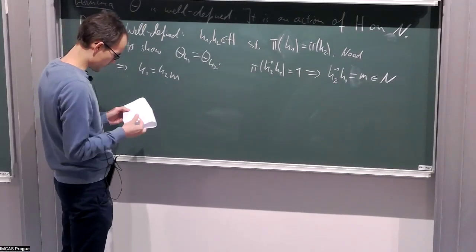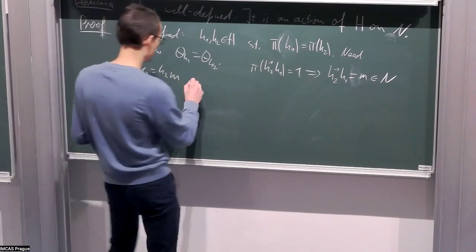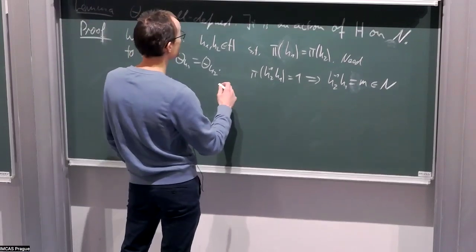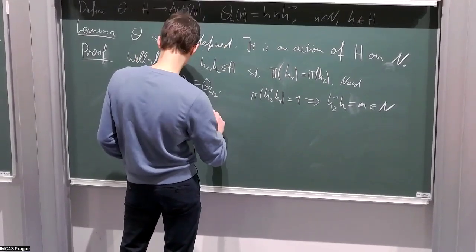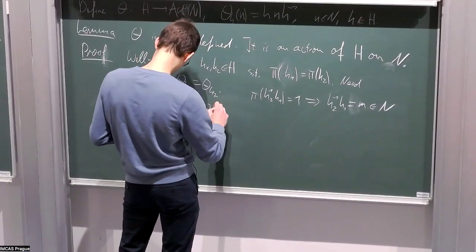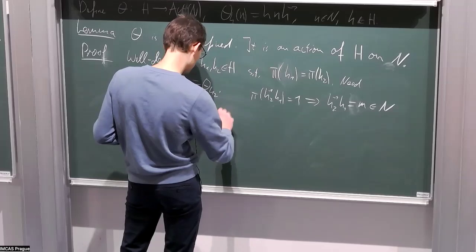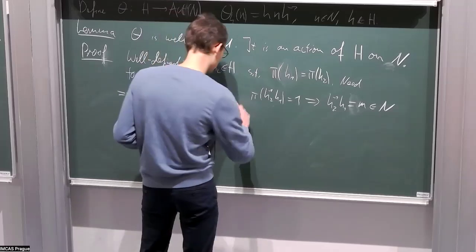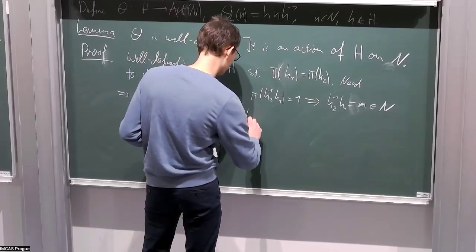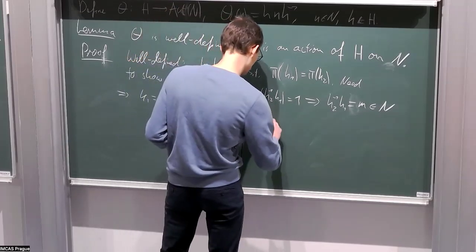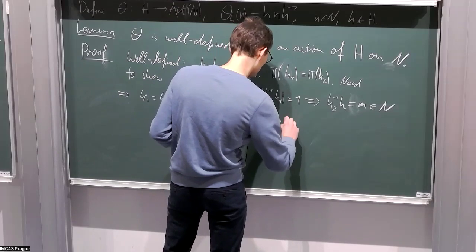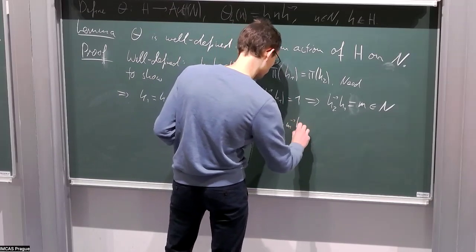Okay, so now we just plug that in. So this means that if I take theta of h1 of n, then by definition, this is h1 n h1 inverse. Now I plug in this formula, then I get h2 m n m inverse h2 inverse.